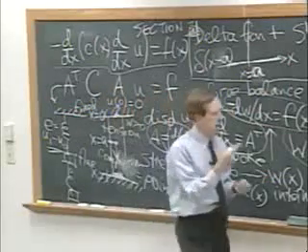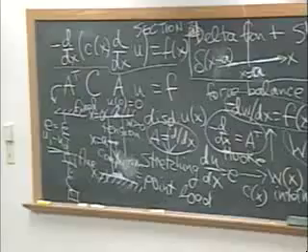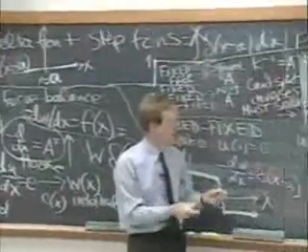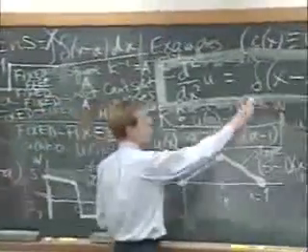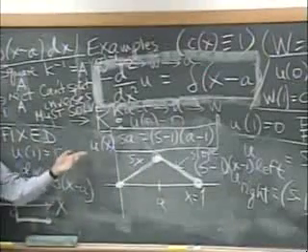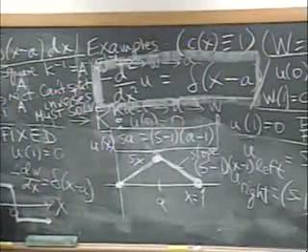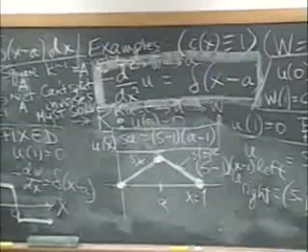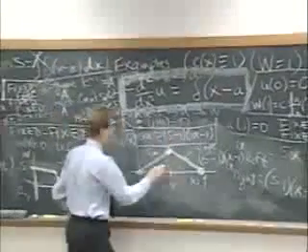And just to finally end with, what have we found? When the right-hand side is a delta function, the solution is called the Green's function for the problem. So we have found the Green's function for this fixed boundary condition.